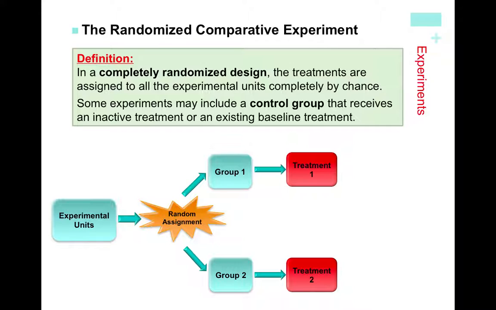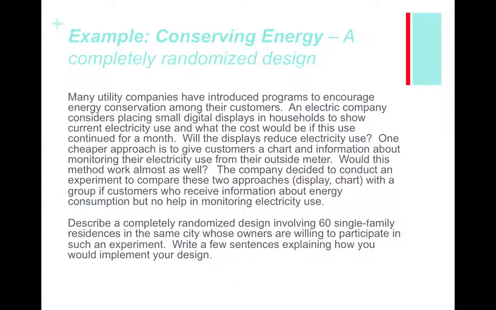So now group one can receive treatment one, and group two treatment two. There shouldn't be much difference between the two groups, so you don't have to worry about who gets what treatment. And then finally, after that, you compare their results. And that's where you're going to see, was there a difference between the online course and classroom course?